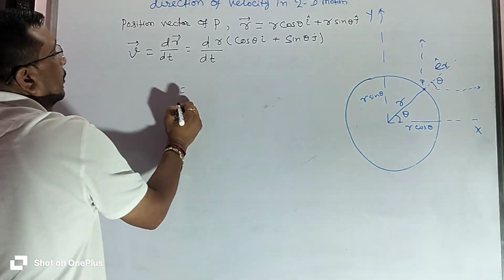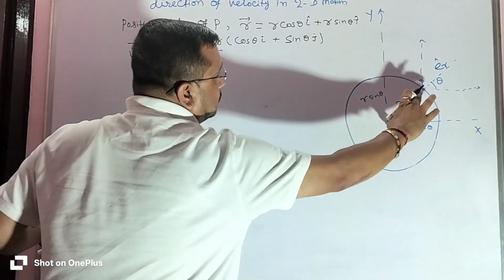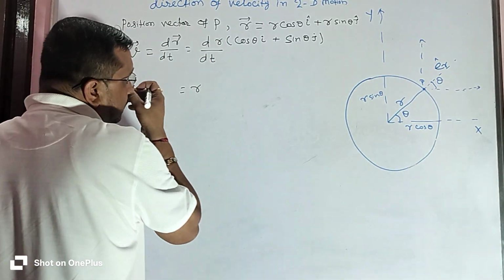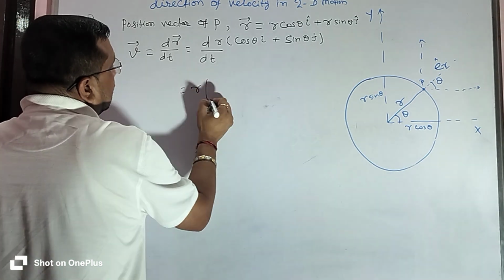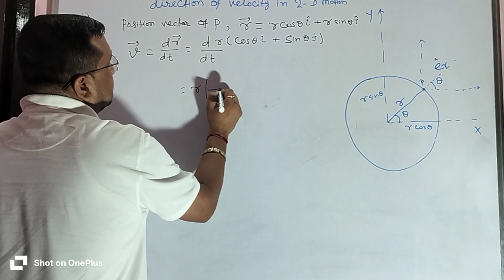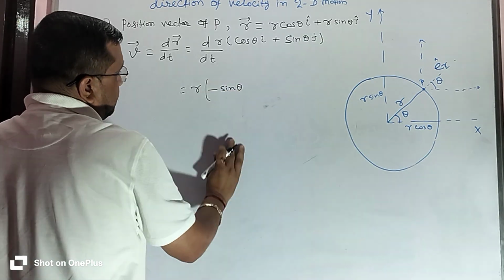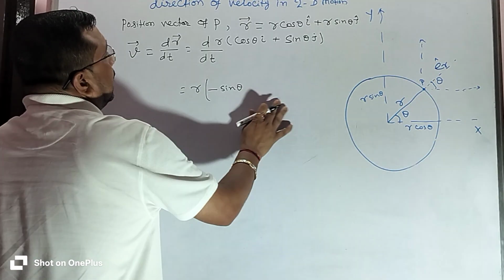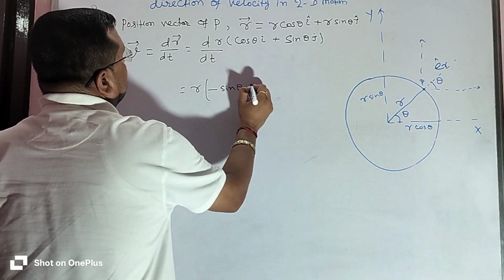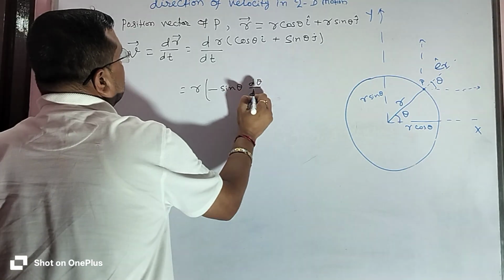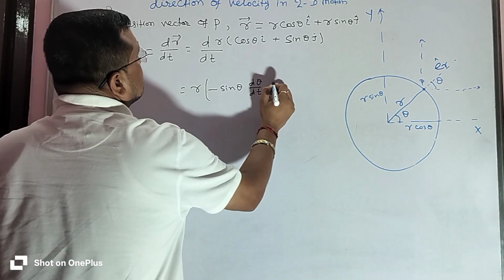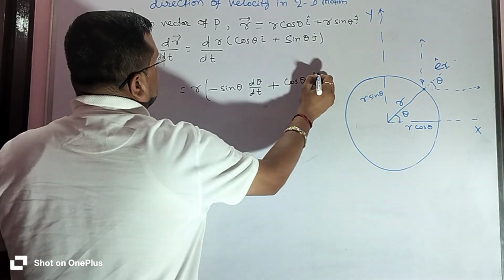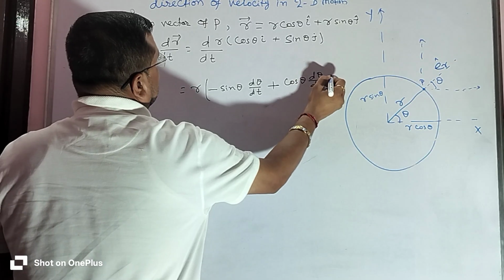What will it be? R is constant, the magnitude r is constant, so it is outside of this differentiation. And what can we write? Differentiation of cos theta is minus sin theta and d theta by dt, plus sin theta, differentiation of sin theta is cos theta d theta by dt into j.